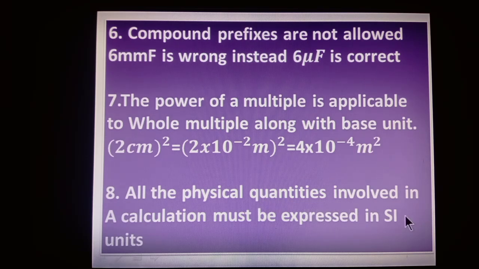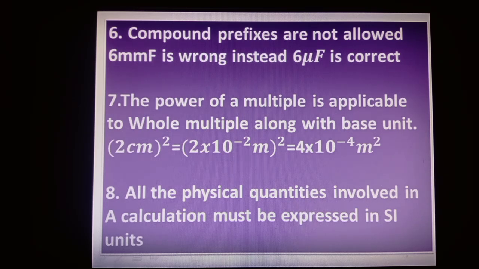If length is there, it must be expressed in meters. If time is there, it must be expressed in seconds, not in hours and days. They must be expressed in proper standard SI units. Similarly, mass should be expressed in kilograms. Then it will give you the correct answer.